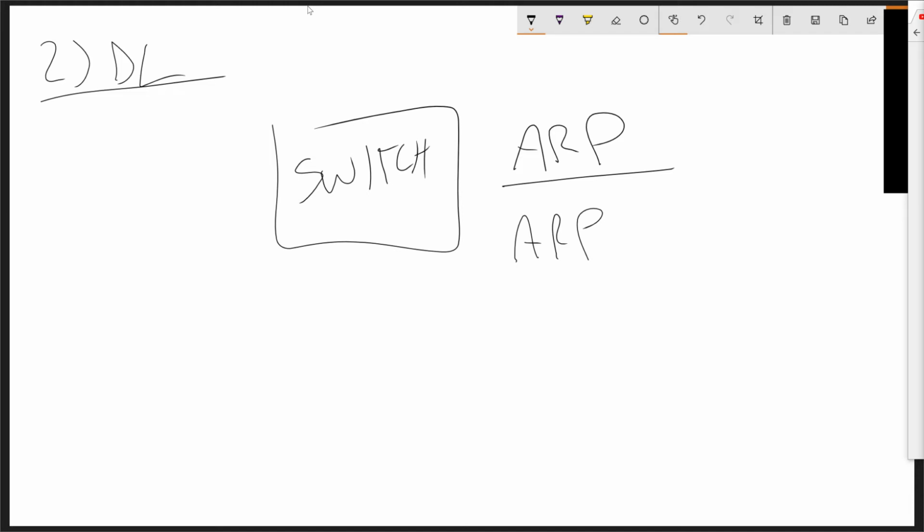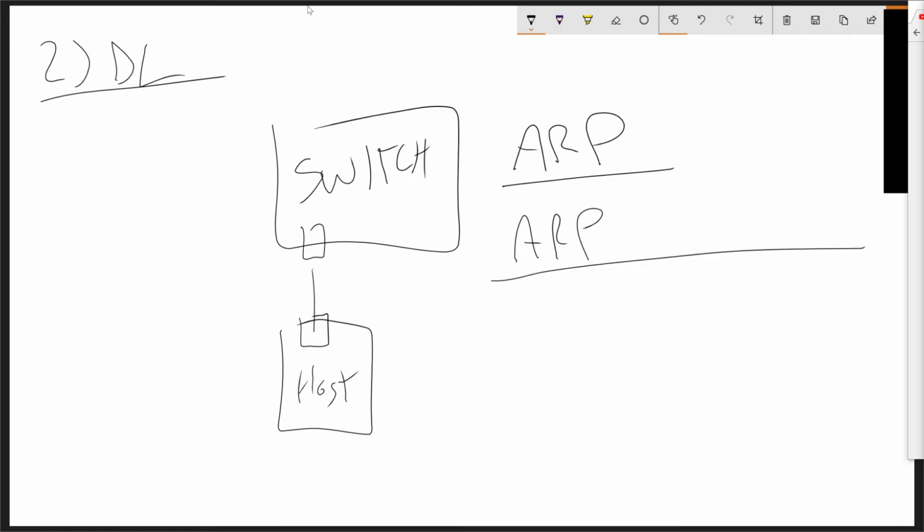Essentially, this switch is doing Address Resolution Protocol, finding the MAC address for these hosts and then storing it into a table. So the MAC address would go and be stored right here in this ARP table.